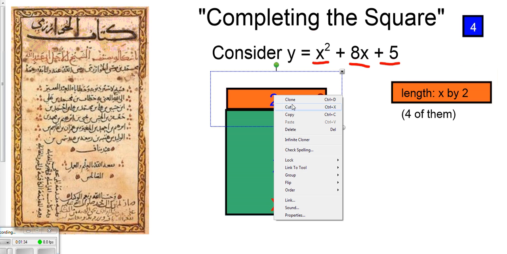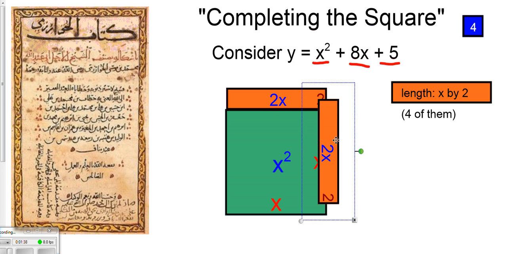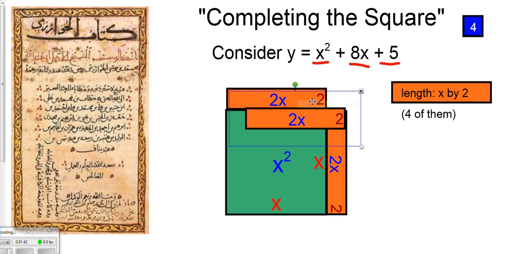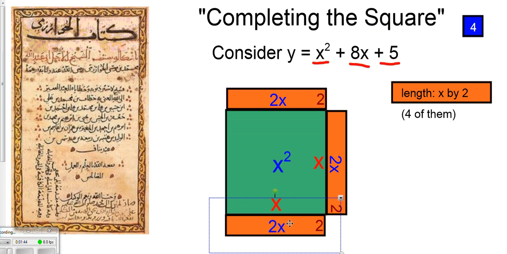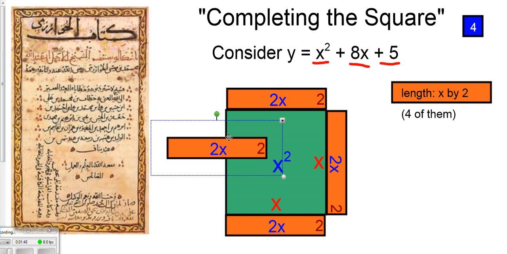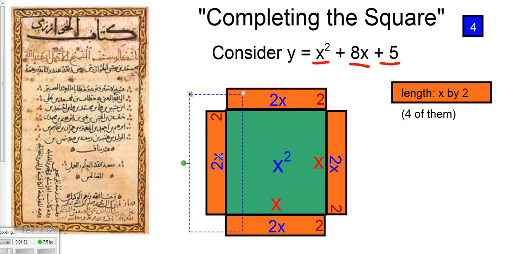Then I'm going to clone it, one here. Clone it again, one here. Clone it again, one here. So 2x, 2x, 2x, 2x, there are 4 of them.